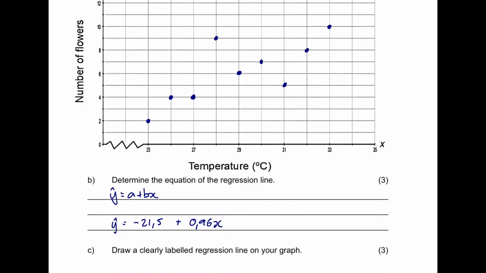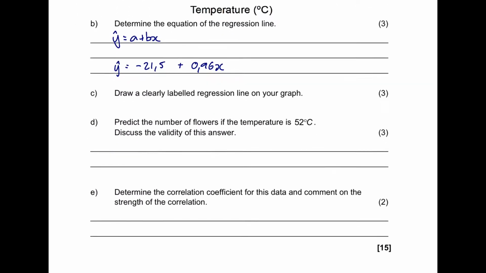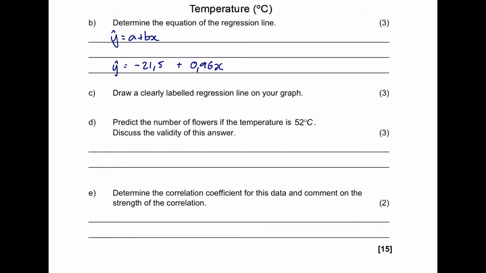All right, so what we need to do is we pick one other point. So let's take when x is 25 degrees, and substitute that into your equation of regression. And you get a y value of 2.5.